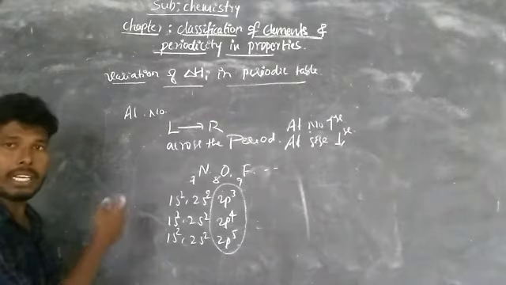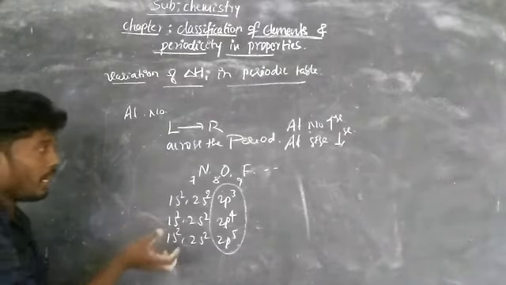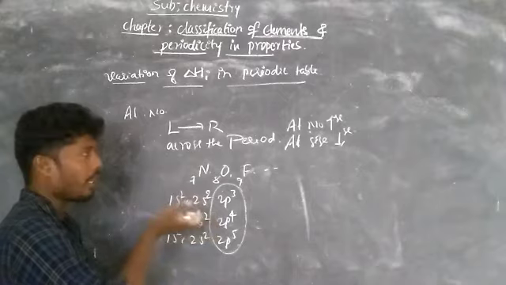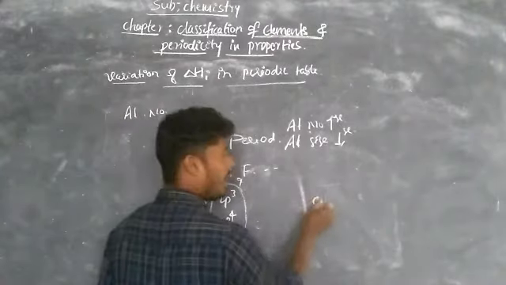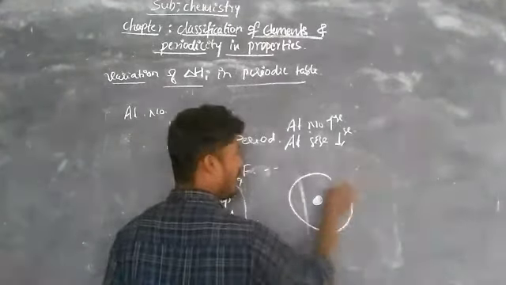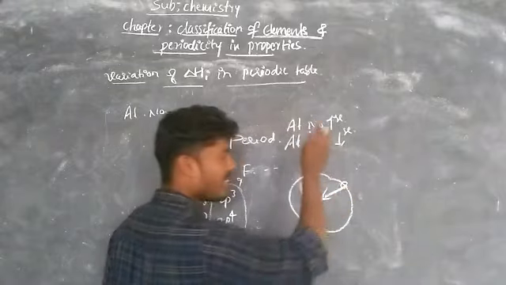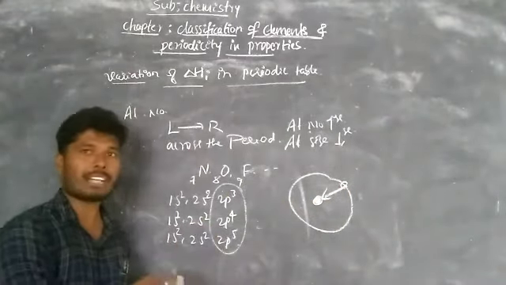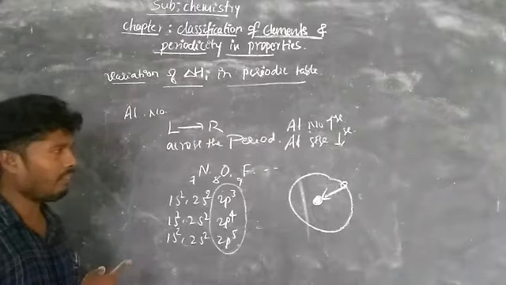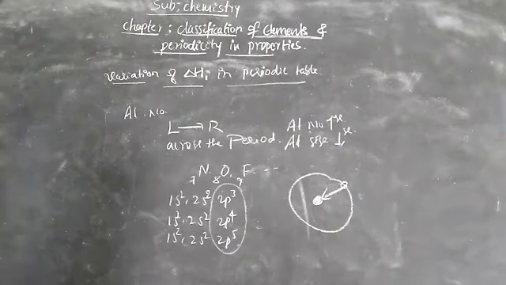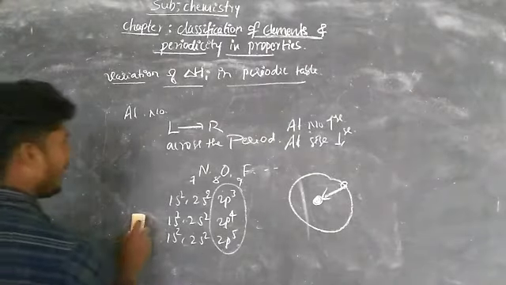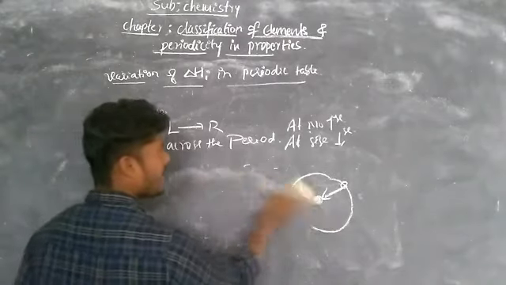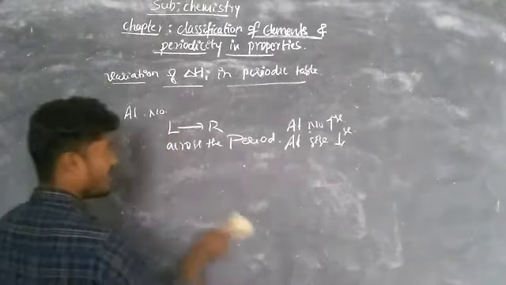Ionization enthalpy increases because the attractive force, or effective nuclear charge, from the nucleus to the outermost electrons increases. That we call effective nuclear charge. So remember, across the period the atomic number increases and atomic size decreases.